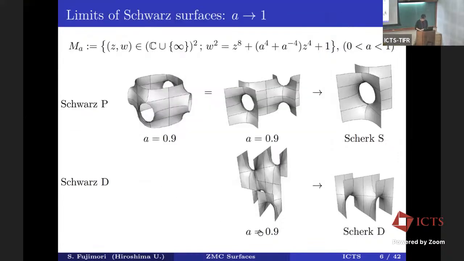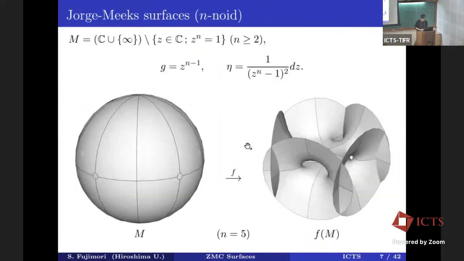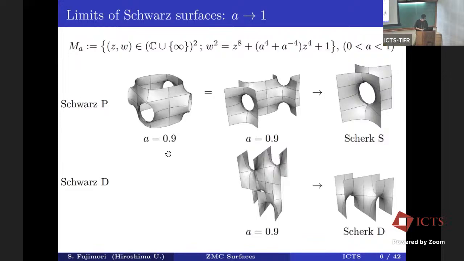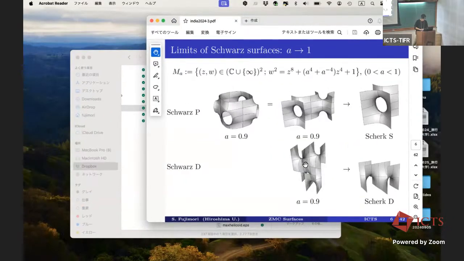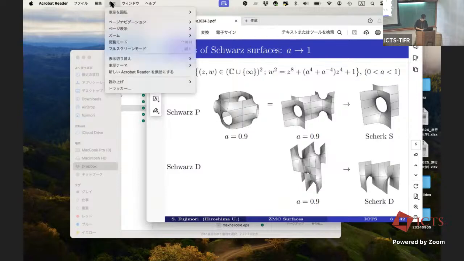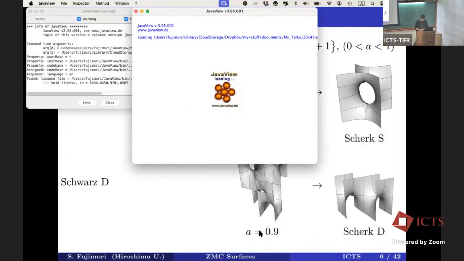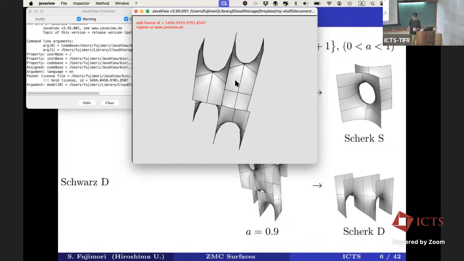And also the conjugate surface, Schwarz D. The surface already looks like two Scherk surfaces, doubly periodic Scherk surfaces, connecting at the end.